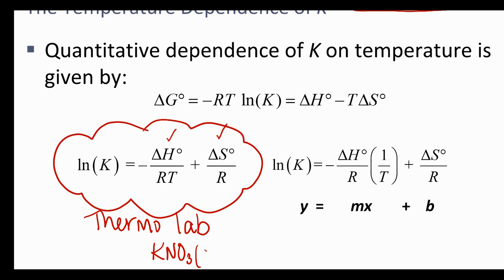So this is just one little section at the end of this chapter. I just wanted to include it so that you can see where the equation that we're using for lab is coming from, but I won't ask it on lecture.